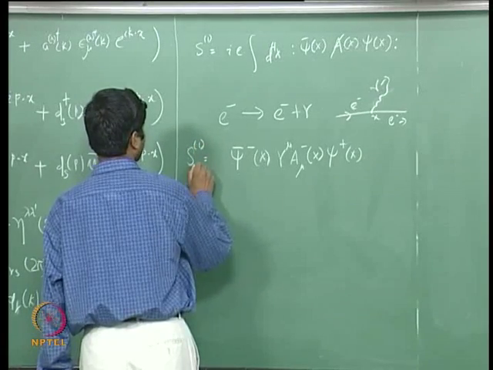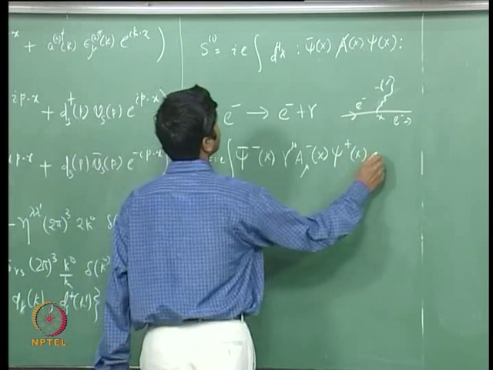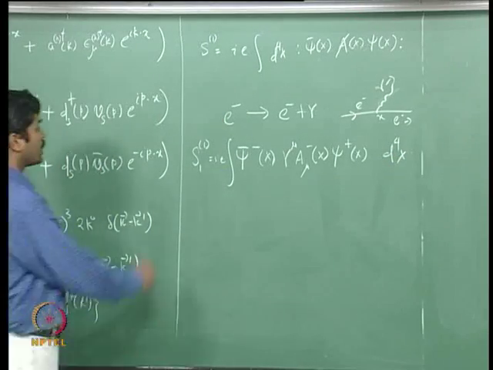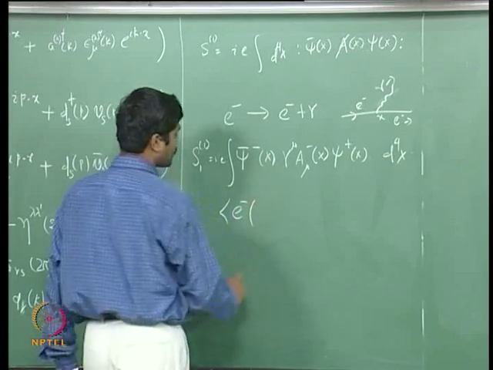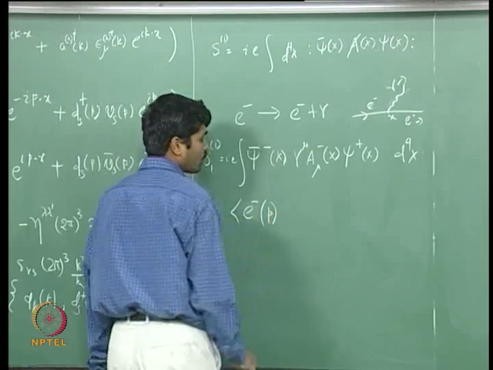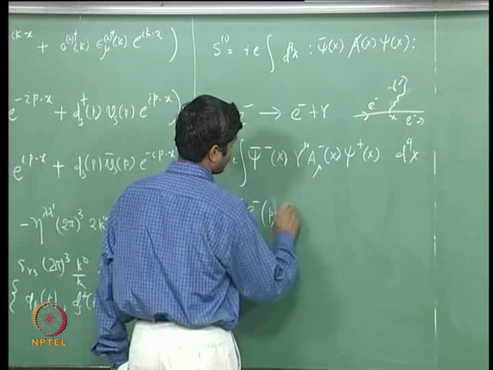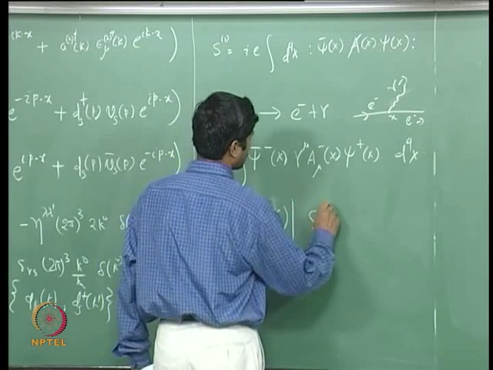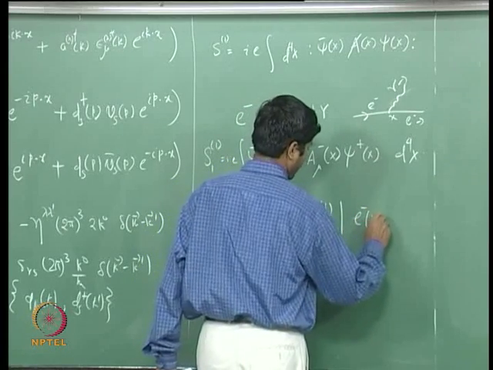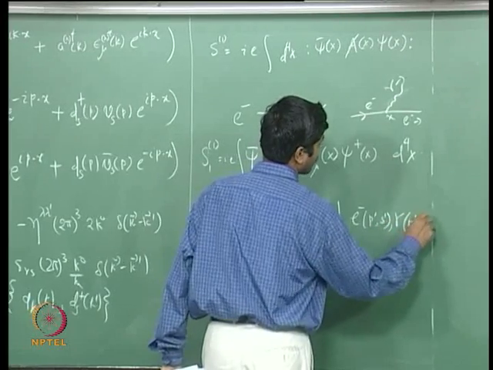So, S11 I will call ie times this, d4x. We will take this e minus incoming electron with some momentum p and some polarization s, going to S11 e minus p prime s prime gamma of k prime lambda prime.